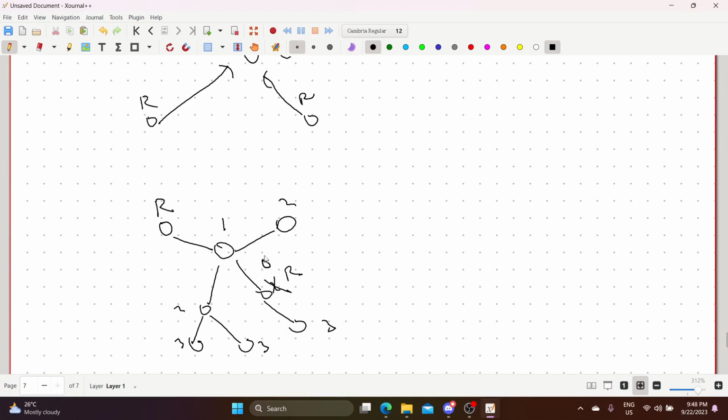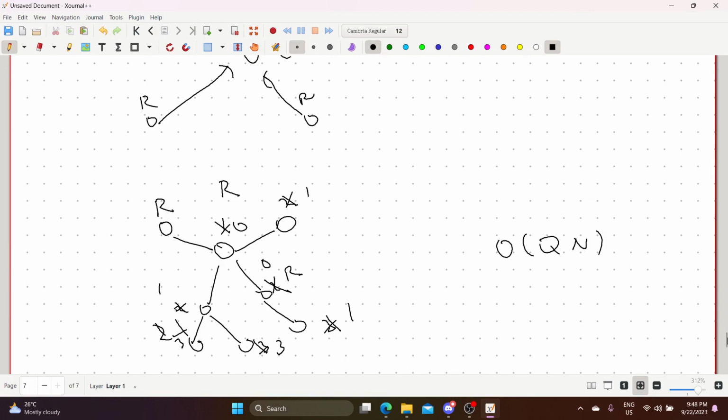So this is 0, 1, 2, this is 1. Then if you have a new one again, let's say this one, you need to update again: this 0, this 1, this 1, this 2, this 3. This is also slow, O(qn), because after each update we have to do a DFS.